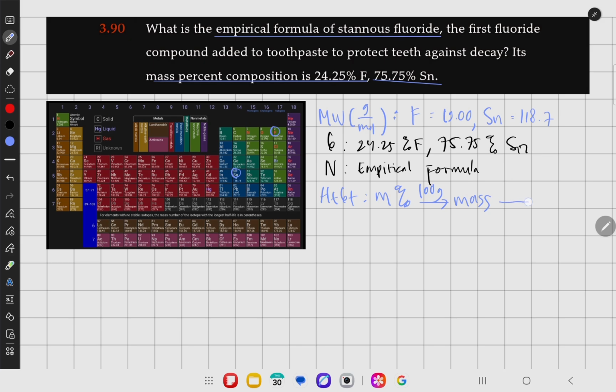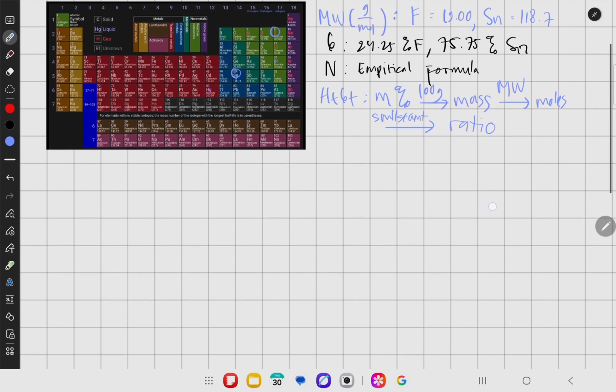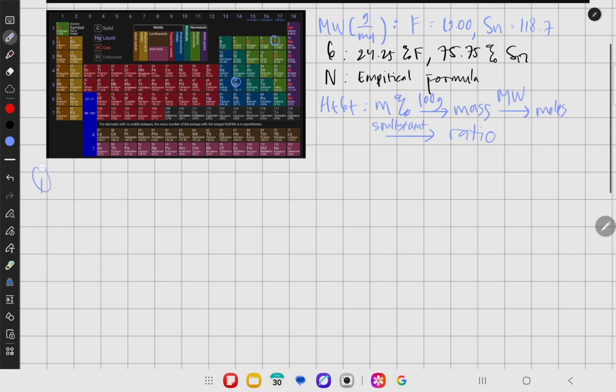And then we need to find the moles of each element by the molar weight. And then after that, we need to find the ratio by determining the smallest amount of moles. So we go to the first step.